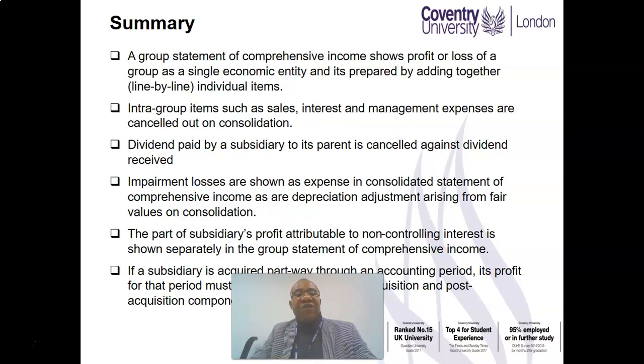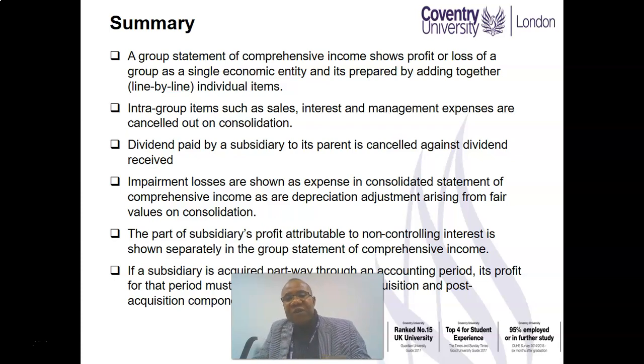Any dividend paid by a subsidiary to its parent is also cancelled out against dividend received, such that only the dividend payable by the subsidiary to non-controlling interest shareholders will remain in the group statement of changes in equity. Impairment losses are shown as expense in the consolidated statement of comprehensive income, just as depreciation adjustments arising from fair value adjustments on consolidation.